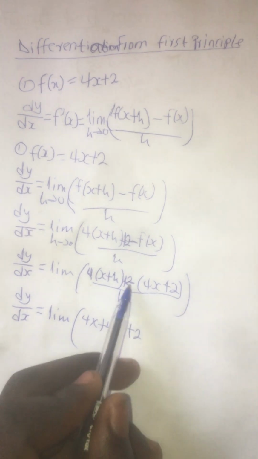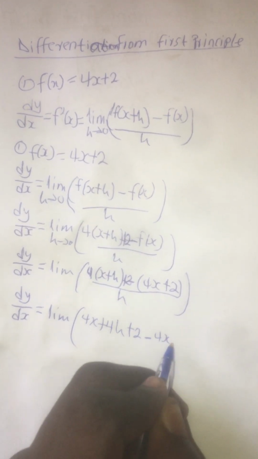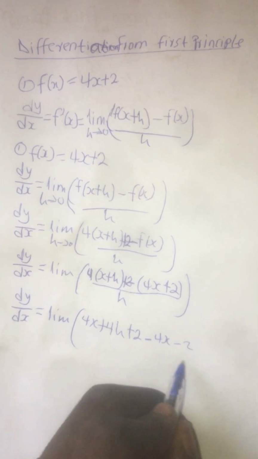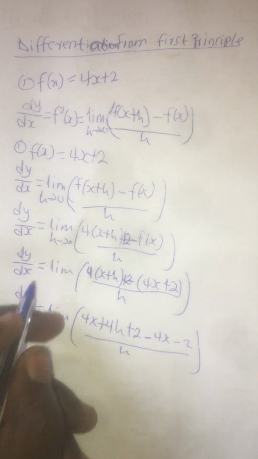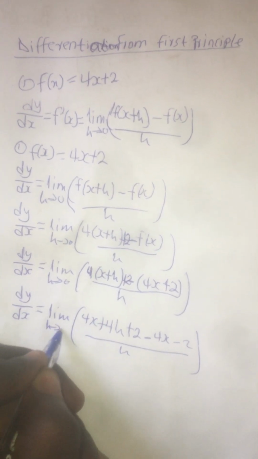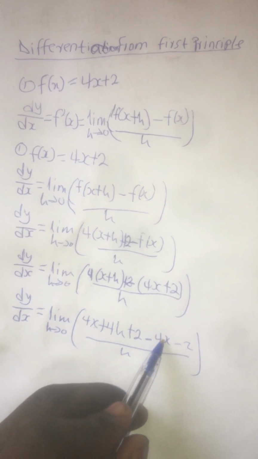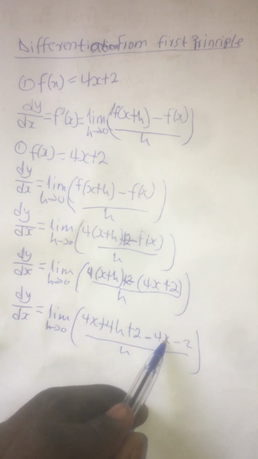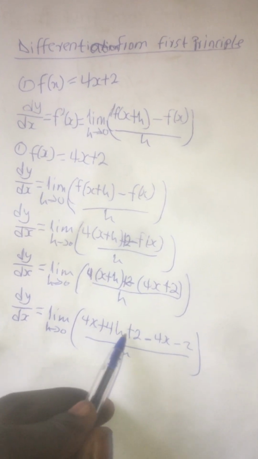Then we use the minus to open the bracket, that will be minus 4x minus 2, all over h. We close our bracket, and remember here as h approaches 0. With this, you can see 4x will go away with 4x; 4x minus 4x will tend to 0. 2 minus 2 tends to 0, leaving only 4h.